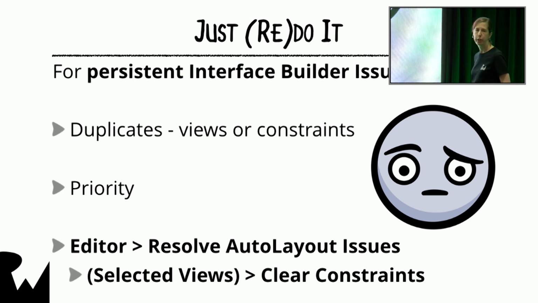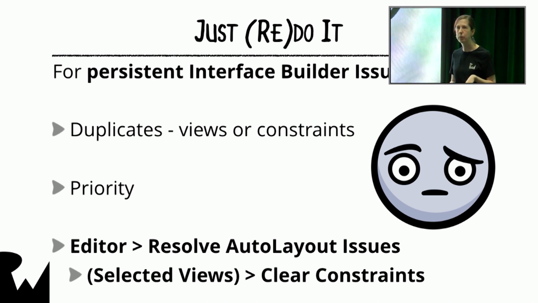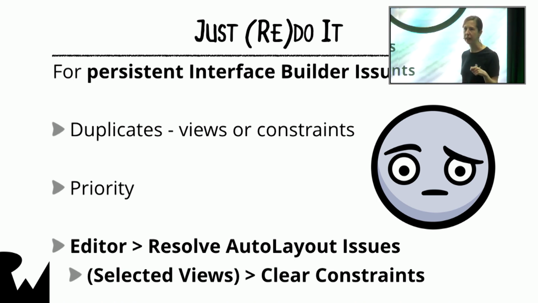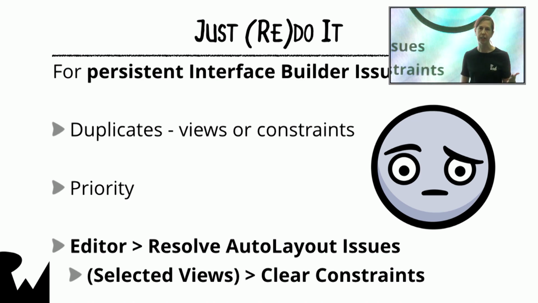First up, have a look for duplicates. As we saw, it's really easy to press Command-C and copy-paste views and also constraints around the place. So you want to do a quick scan and see if anything's duplicated, remembering that original principle of keeping things simple. Next up, I usually scan through the priority of constraints. We saw some adjustments of constraint priority earlier in the tutorial.